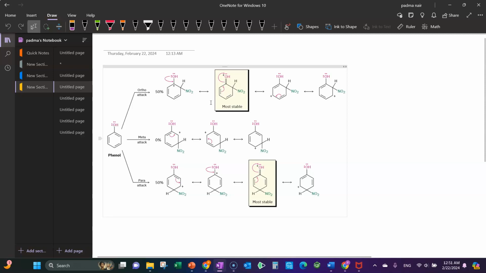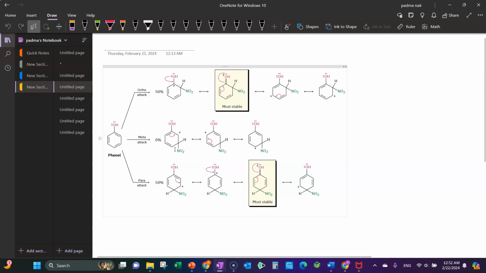There is another way we can explain this effect, by assuming that, say, we have a new group NO2 that can take up either the ortho, the meta, or the para position. Okay, so we already know that OH is an ortho para director, so we will not get any meta products.